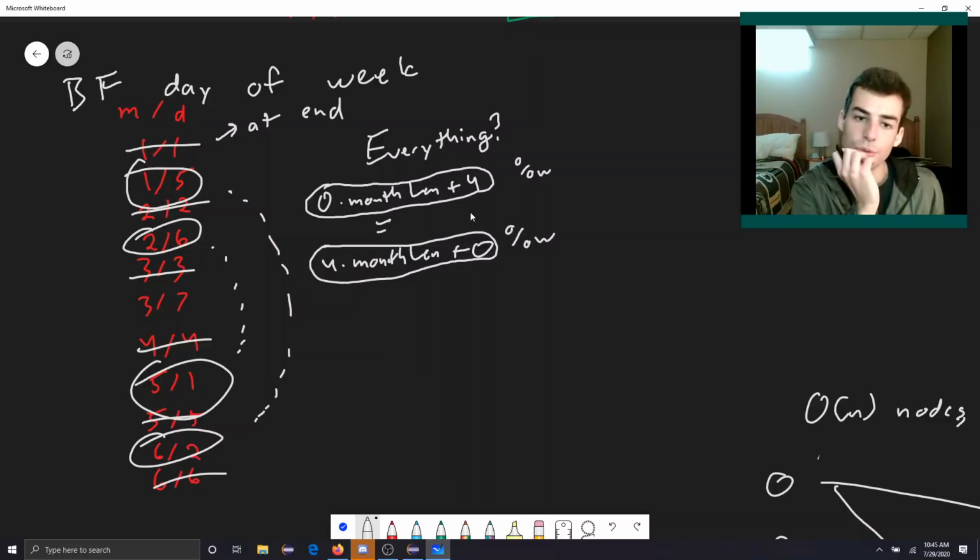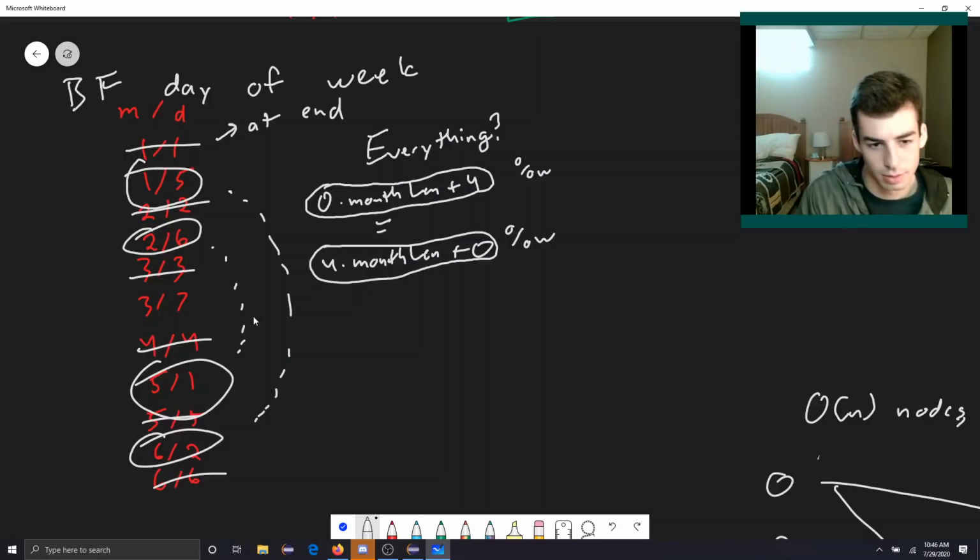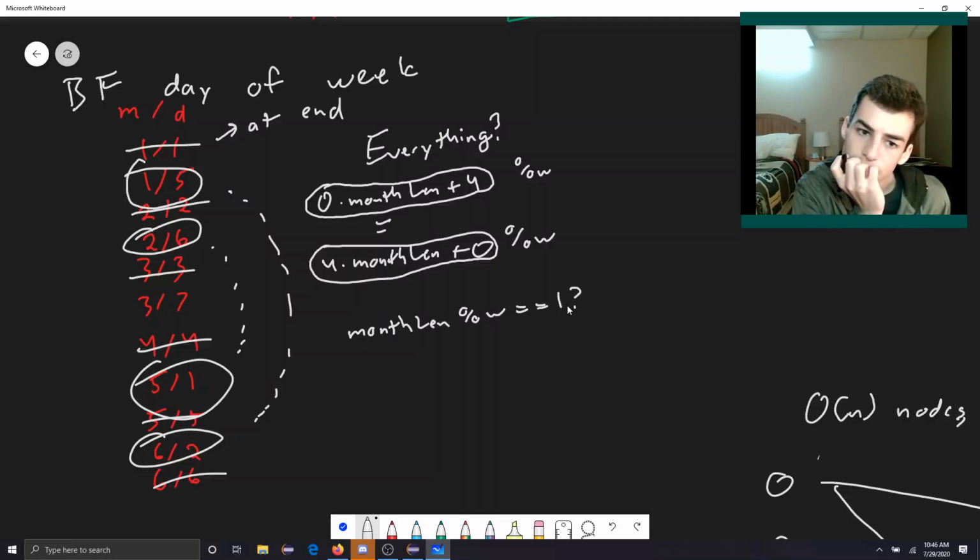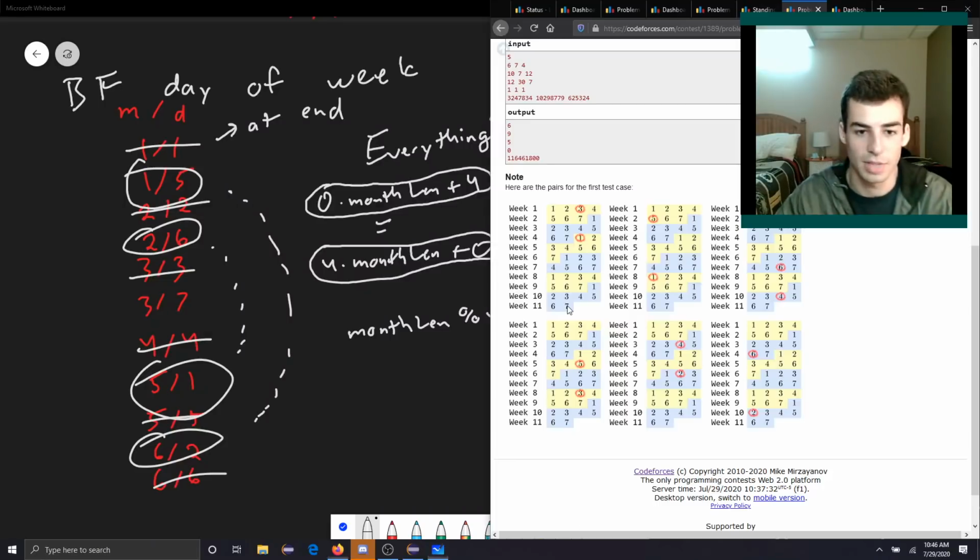Is this always true? When is this true, I guess? Is this only true when the month length mod the length of the week is 1? Is that even true here?